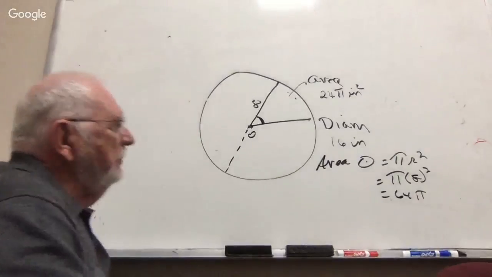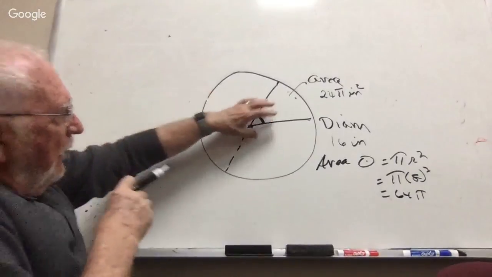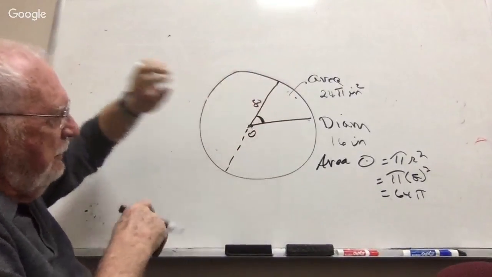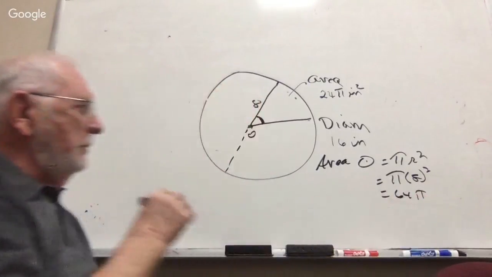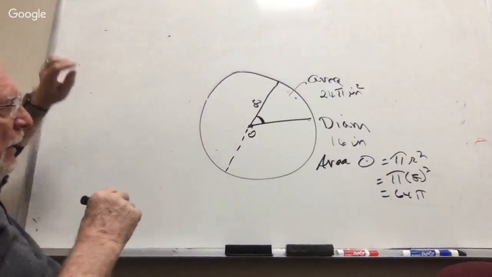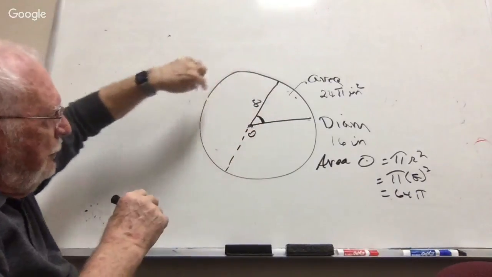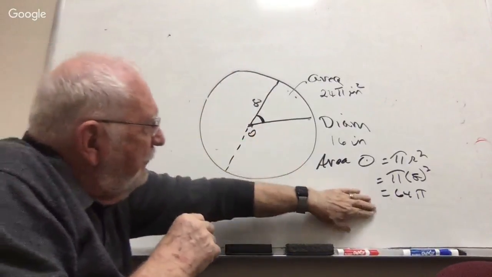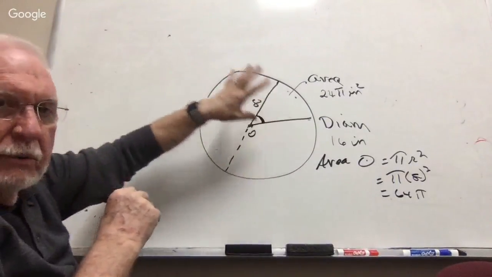Okay, so then can we divide 64 pi by 24 pi? Yeah, we can do that, but now let's stop and think a minute. This is 24, the whole thing's 64. What if we could find the ratio of the area of this to the area of that, then we could find the ratio of this part to the whole circle, right?